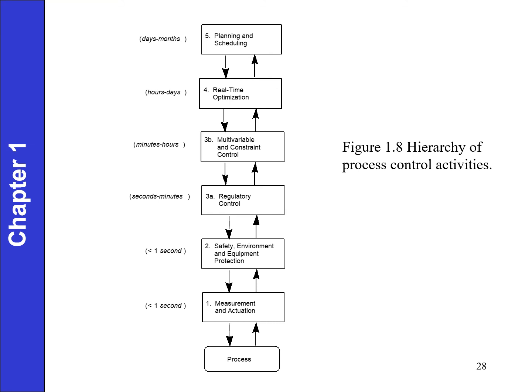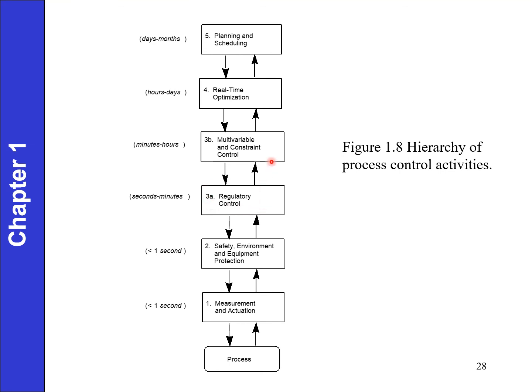So the next thing is, what is the hierarchy of process control activities? Okay, the first thing is measurement and actuation, which is always less than 1 second, and then safety, environment and equipment protection, and then we go for regulatory control.